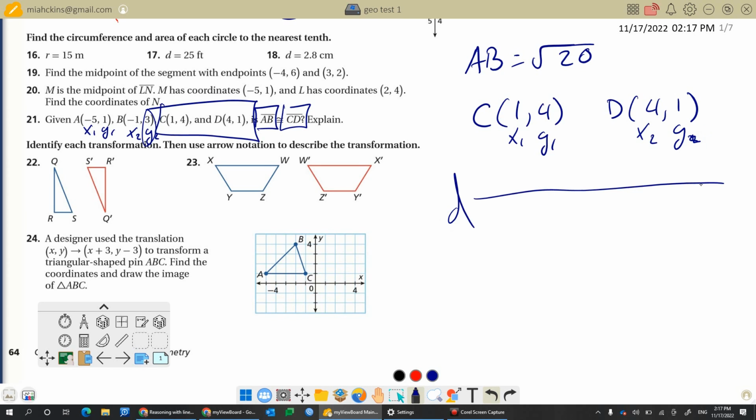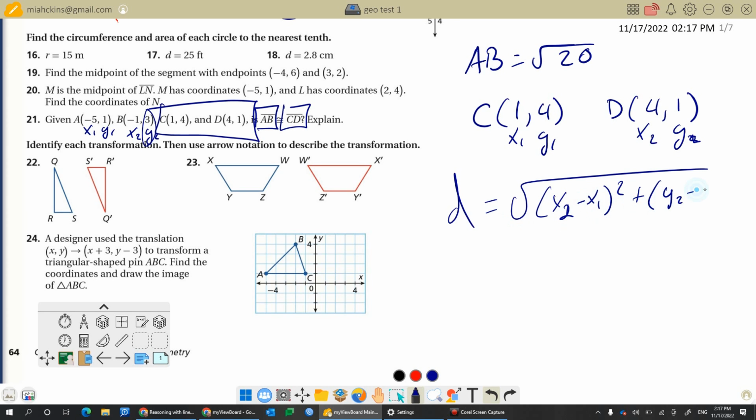D is equal to the square root of x2 minus x1 squared plus y2 minus y1 squared. And so then we can plug in our x2 is 4. So 4 minus 1 squared plus y2 is 1 minus 4 squared.